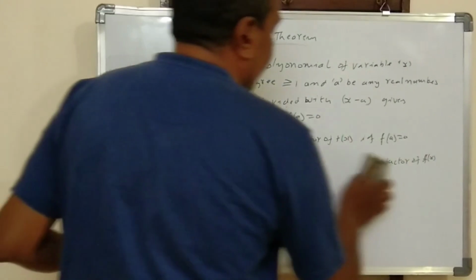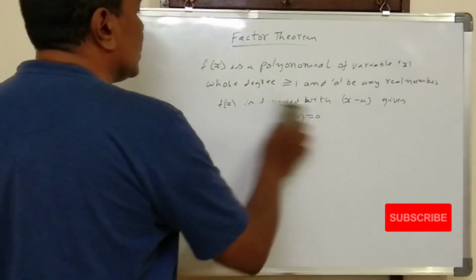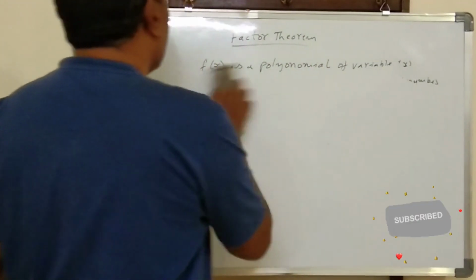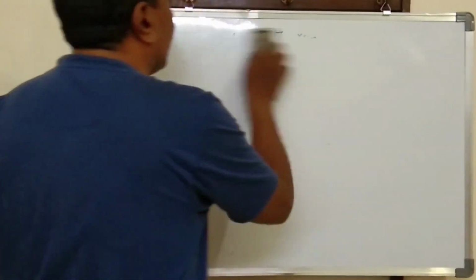We'll take a few examples based on this theorem. First of all, we'll take a polynomial.